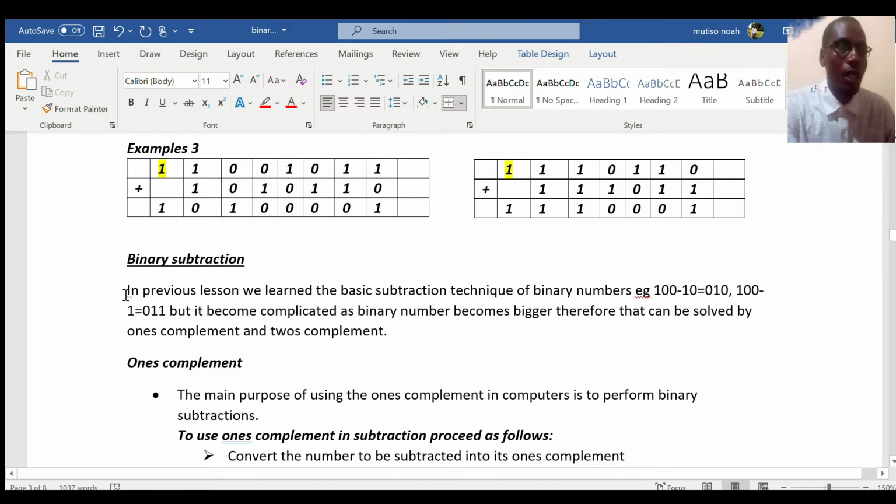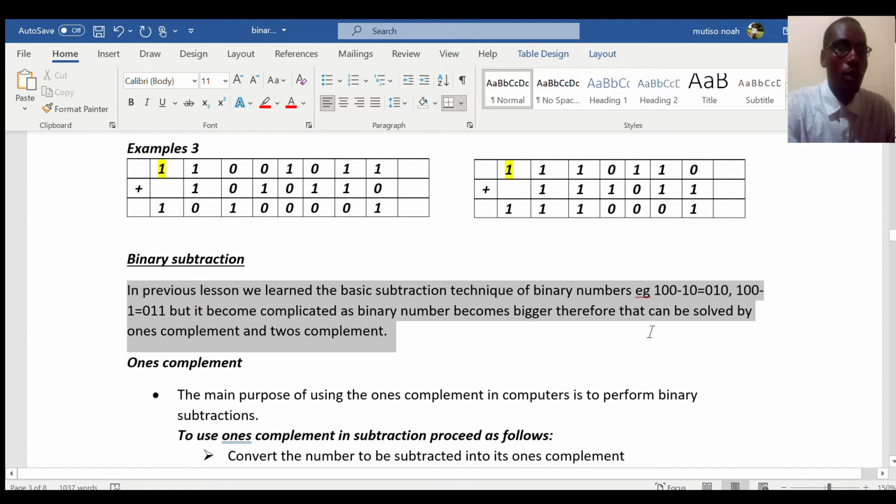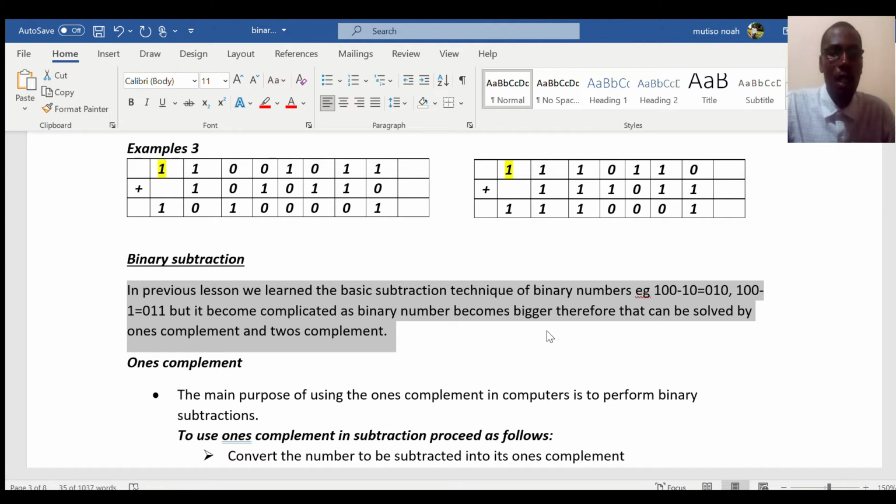As you can see here, you can just do some basic 3-bit, 2-bit subtraction directly, but when it becomes 5-bit, 6-bit, 7-bit, it becomes more complicated to subtract using the direct method. So the bigger the number, the harder it becomes when it comes to subtraction.